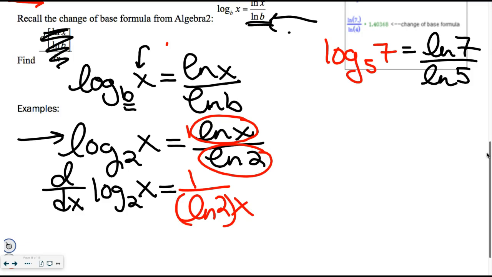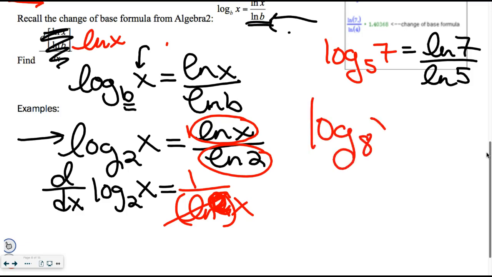Now watch. Had it been ln x, then right here this would have been ln e, because that's its base. Do you guys remember what ln e is? It's 1. So it is 1 over x. I know I went through a lot to get there because I like to show you where things work.